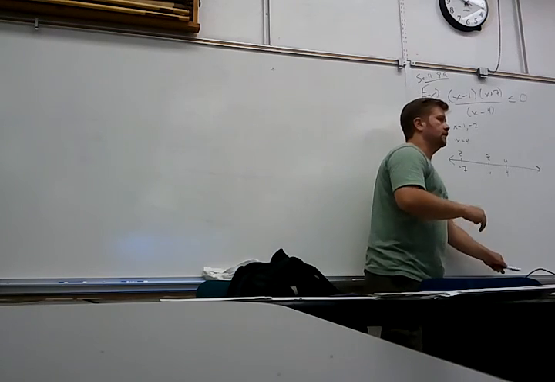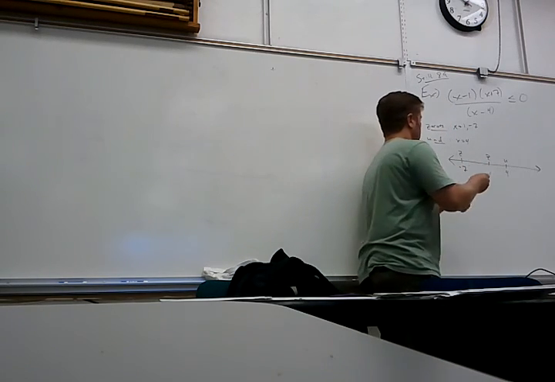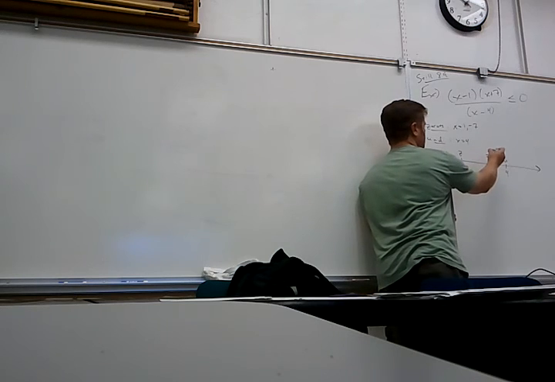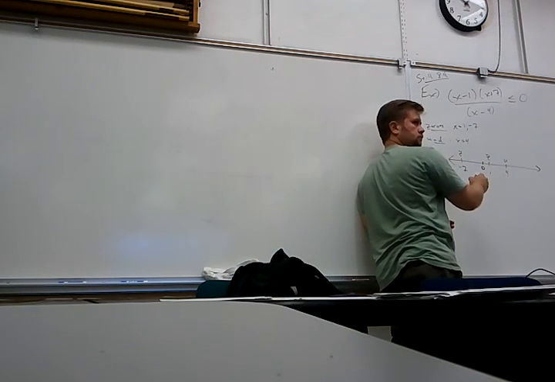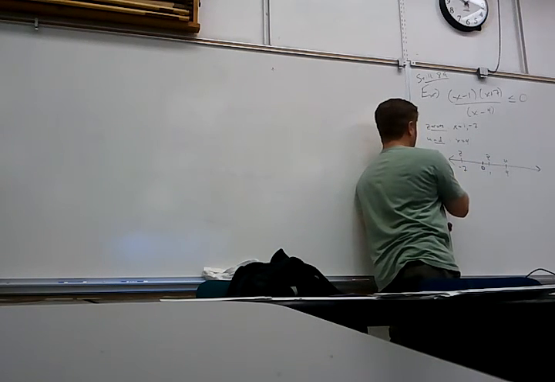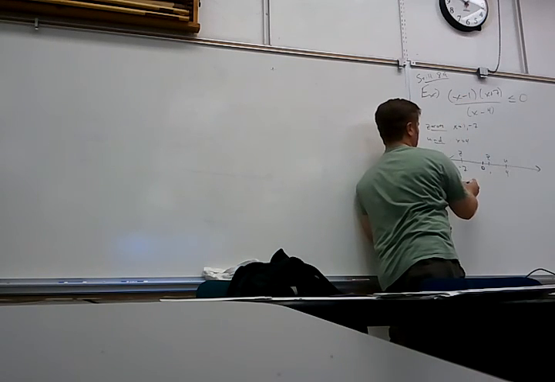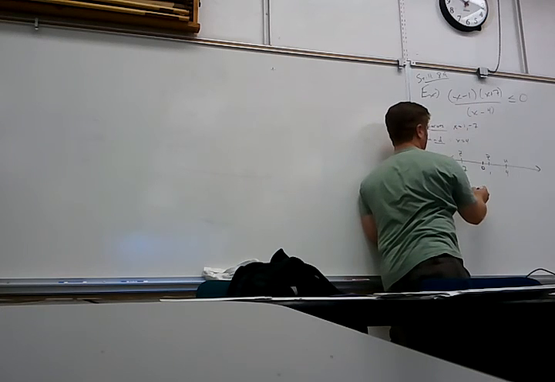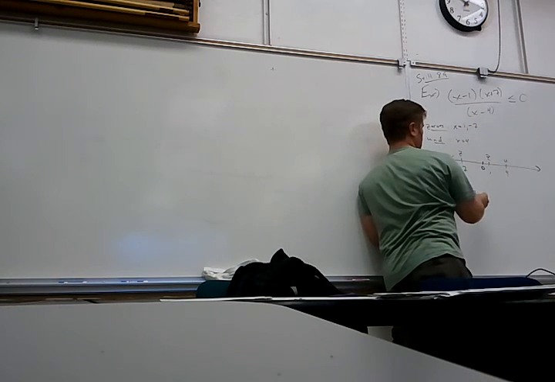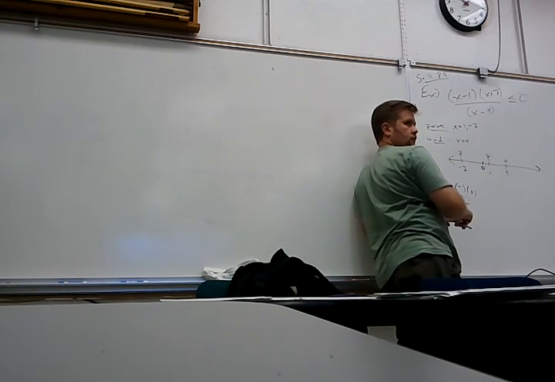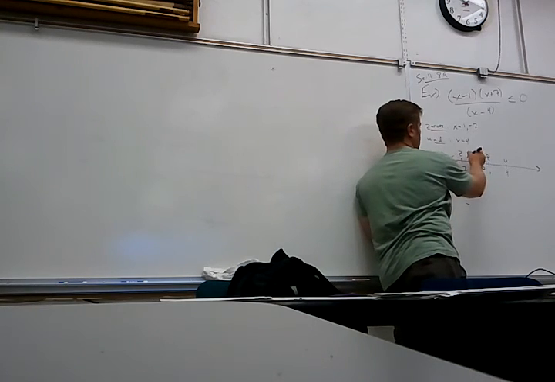Then the work's the same. You're still investigating the sign of this thing. So for example, if x is 0, what do I get here? I get a negative times positive divided by negative. So the overall is going to be positive.